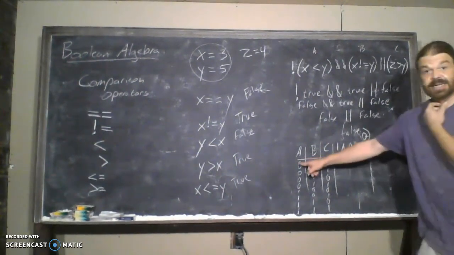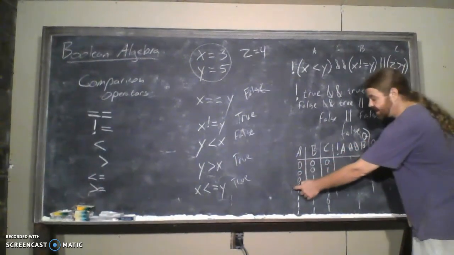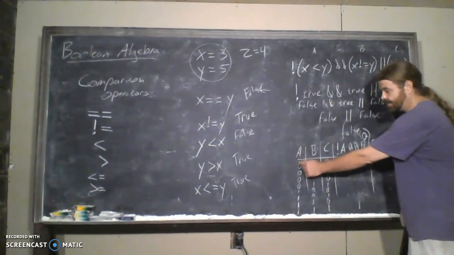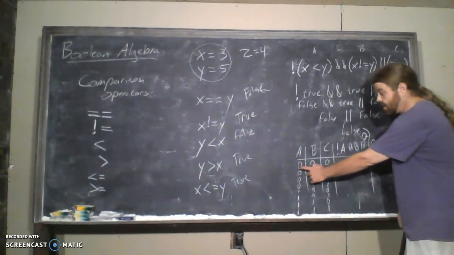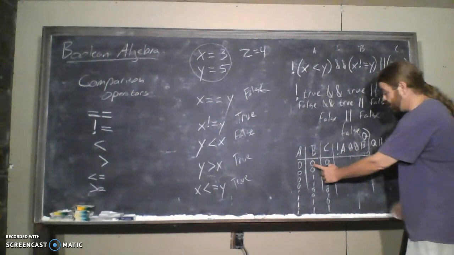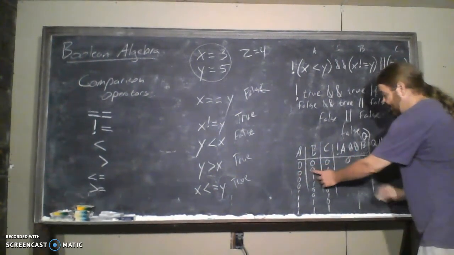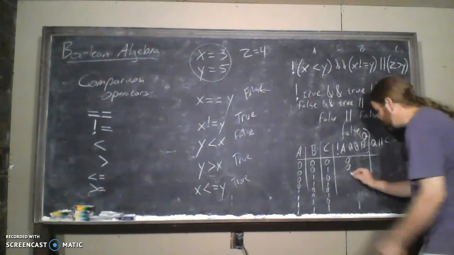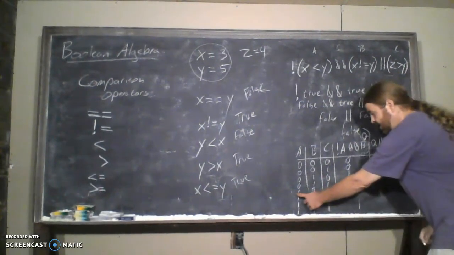Then not A is just the negation of this column. So A is 0, we want to negate that. We take the 1, 1 and 0 gives us a 0. 1 and 0 gives us a 0. 1 and 1, well that'll give us a 1. 1 and 1 gives us 1.